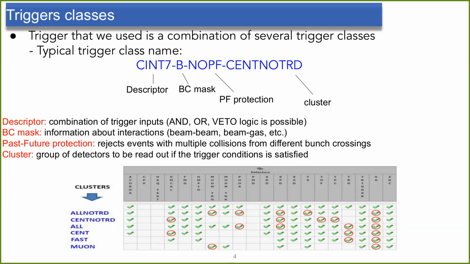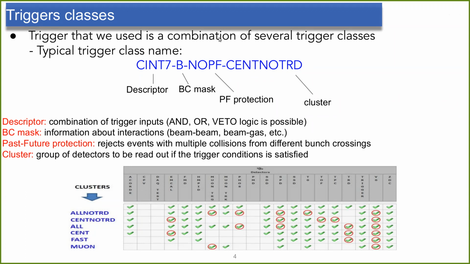When an event occurs, it fires several trigger classes. And what are these trigger classes? A trigger class basically stores the information about the event. For example, here I write a trigger class: CINT7-B-NOPF-CENT-noTRD.